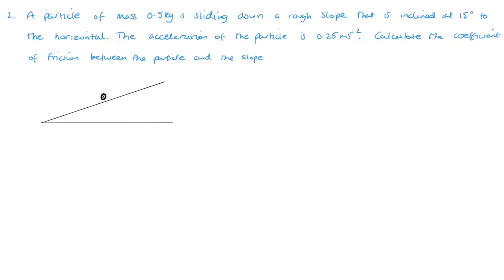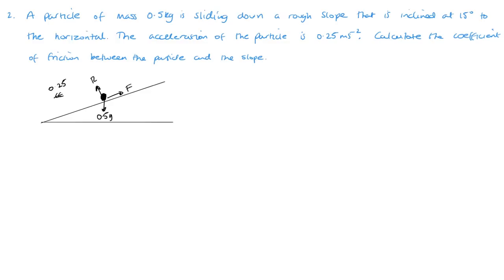So we've got a particle, 0.5 g newtons that way. Normal reaction there. It's sliding down the slope, so friction is acting up the slope. Okay, so acceleration is 0.25.